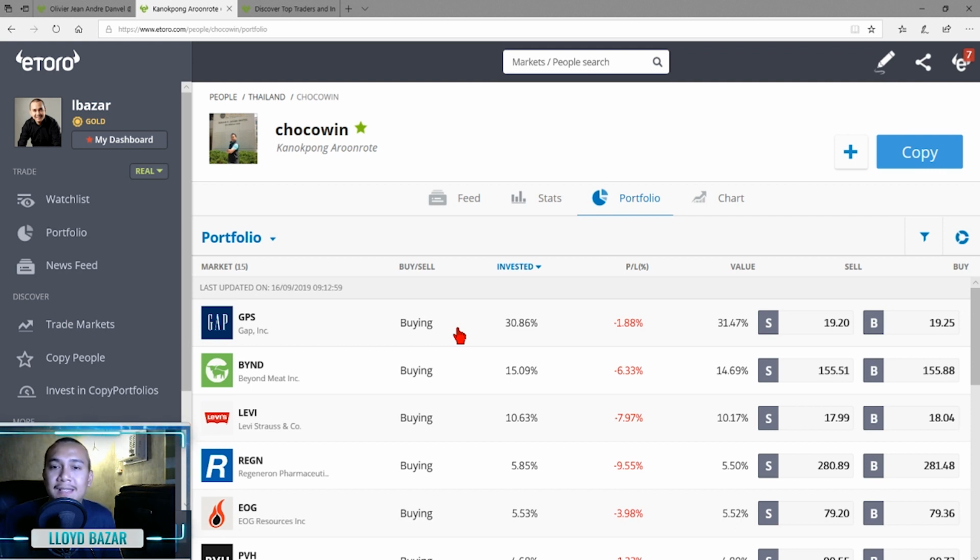Not just the statistics of the person, but you can see what this person is investing in, or what he is trading. Okay, that's very important because morality wise, there are stocks that are involved in, let's say for example, marijuana. Right, marijuana is a very sensitive topic, but because in some countries it is allowed, there are companies that are dealing in marijuana.